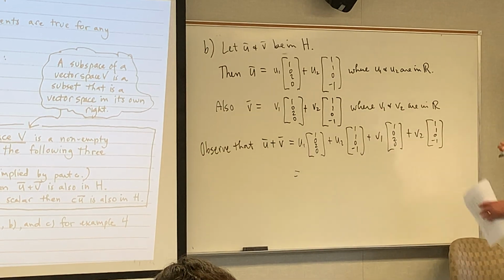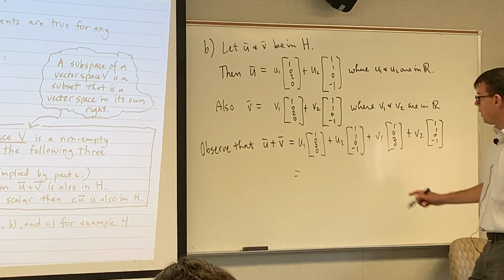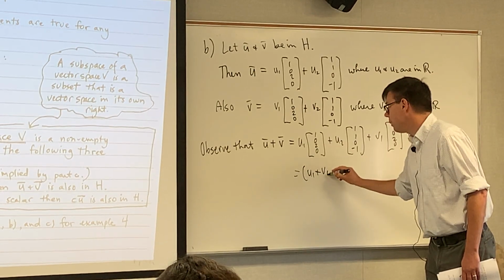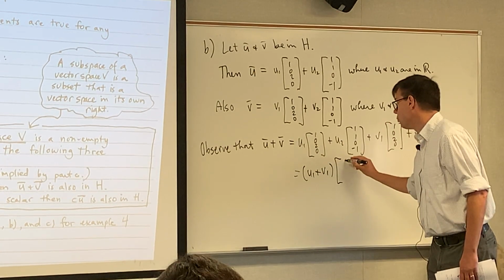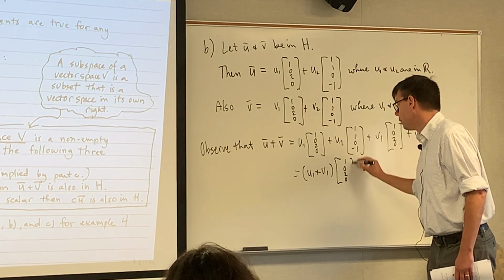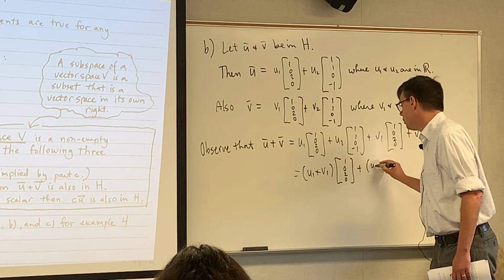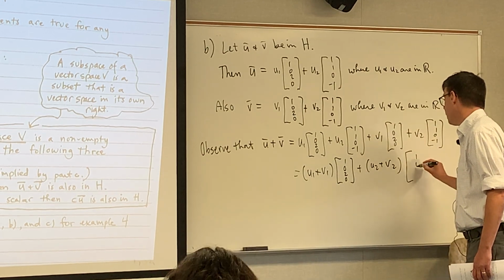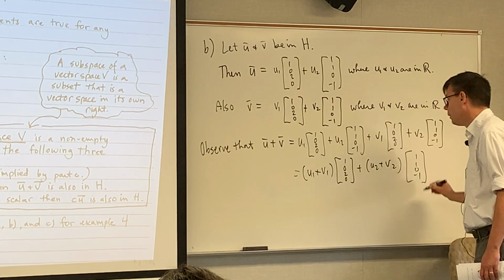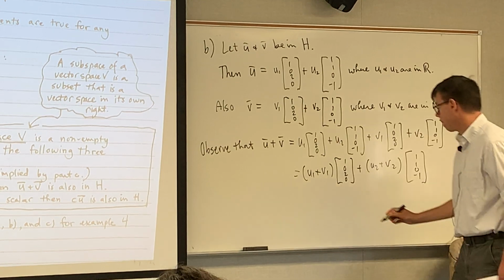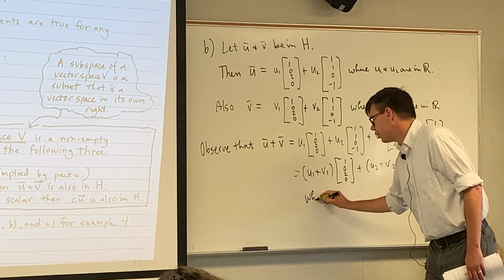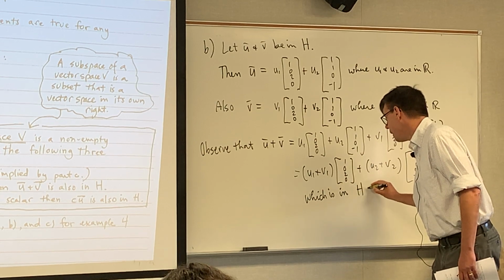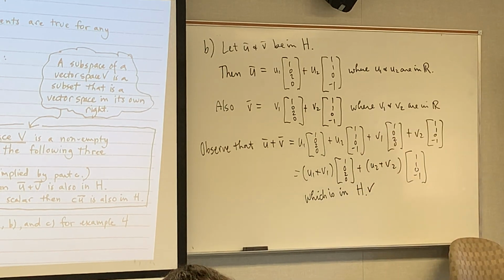We've worked with vectors enough that we can write this as (U1 plus V1) times 1, 0, 2, 0 plus (U2 plus V2) times 1, 1, 0, negative 1, which is in H. So we verified it.